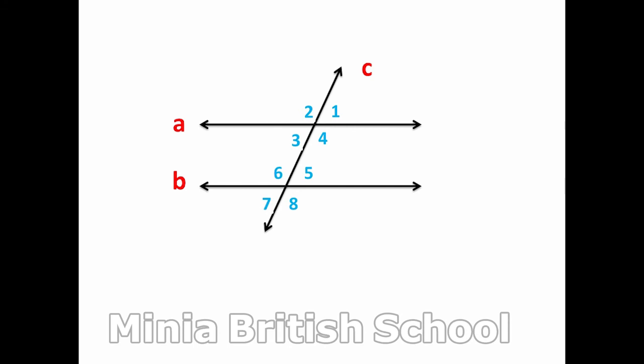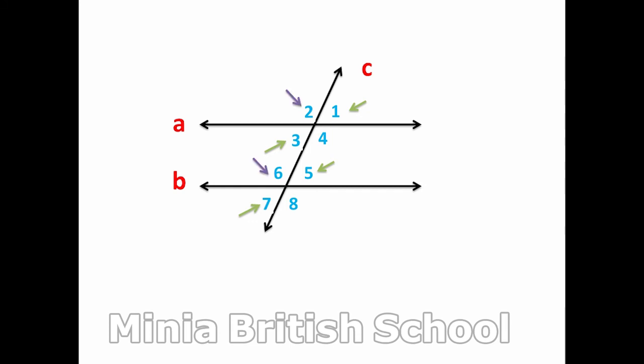It's pretty simple actually. Angle 1 will be equal to angle 5 as they are corresponding angles, and angle 7 equals angle 5 as it is vertically opposite to it. And angle 3 equals angle 7 because they are corresponding angles.